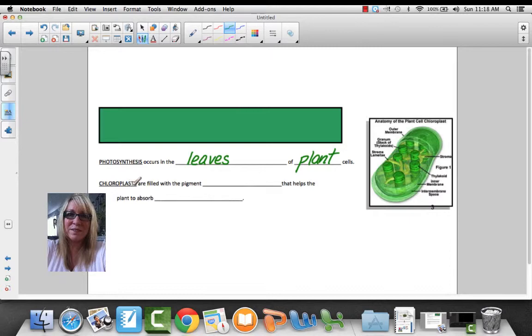And chloroplasts are filled with the pigment chlorophyll that helps the plant to absorb energy. And here's a picture of a chloroplast, which we actually looked at when we did the unit on plant cells.